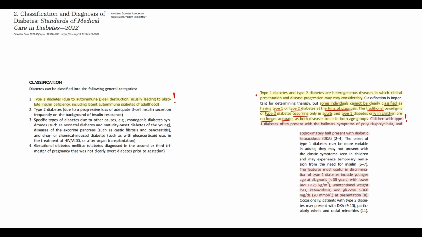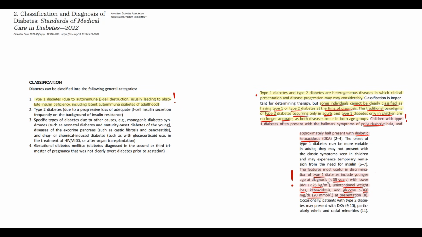The key features of type 1 diabetes in children are polyuria, polydipsia, and the presence of diabetic ketoacidosis. Also, we have to know that type 1 diabetes usually affects people younger than 35 that have low body mass index with a history of unintentional weight loss, ketoacidosis, and blood glucose level higher than 20 at presentation.